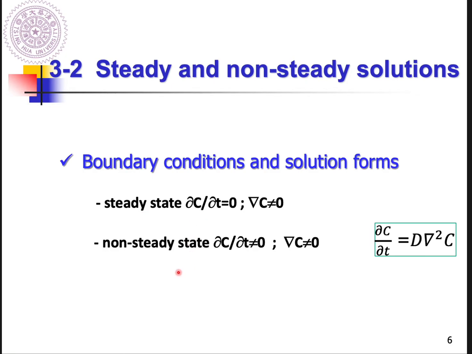And if the concentration profile does change with time, then this material system belongs to non-steady state. In this case, in order to get the full picture of how the concentration profile changes over time, you need to solve this diffusion equation and get the corresponding solutions.